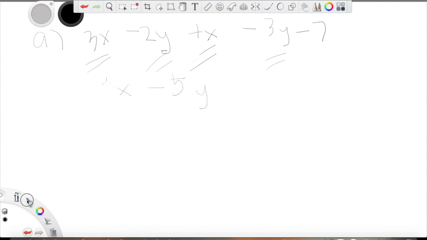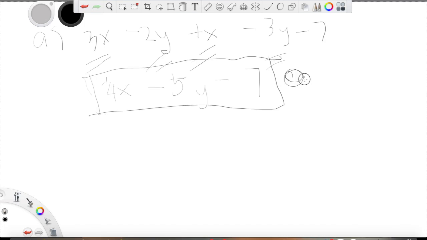So 4x, and negative 2y plus negative 3y is negative 5y, and you've got 7. So the answer to this simplified algebraic expression is 4x minus 5y plus 7. That's how you simplify an algebraic expression.